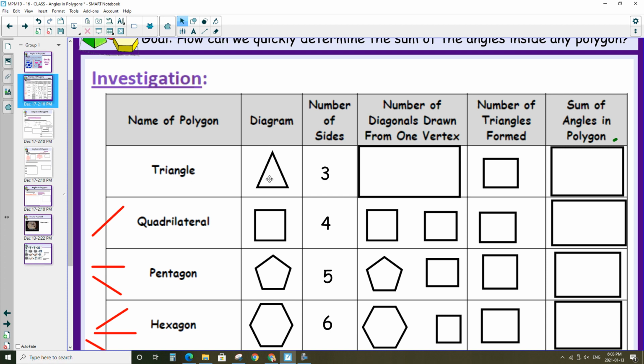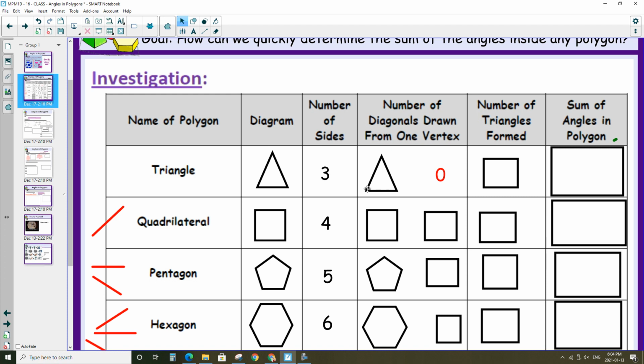I've got the diagrams already drawn for each of them. Number of sides: I've just added the sides for each shape. The next column is number of diagonals drawn from one vertex. For a triangle, it's asking us to break this triangle into more triangles by drawing a straight line from one vertex to another.